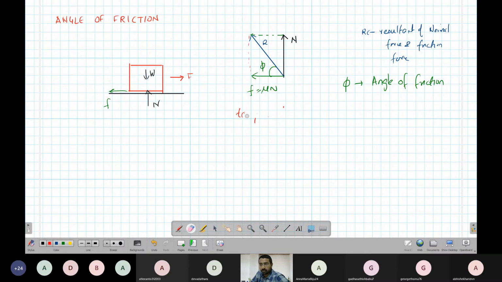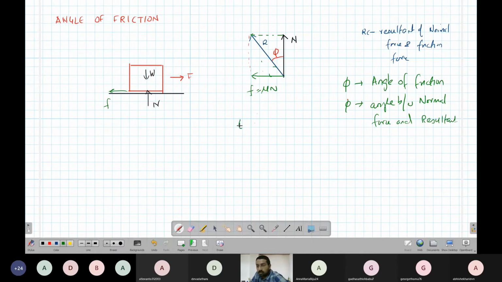One second. Sorry. The angle of friction is the angle between the normal force and the resultant.